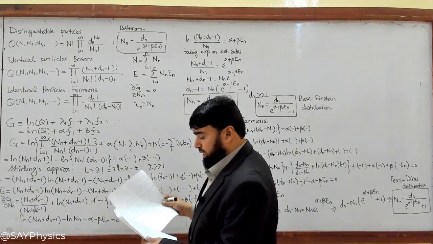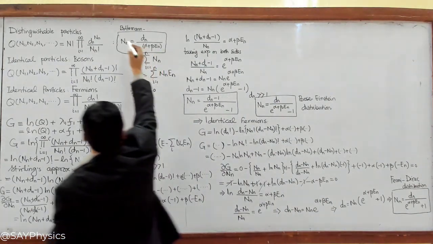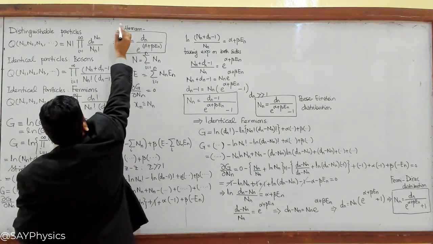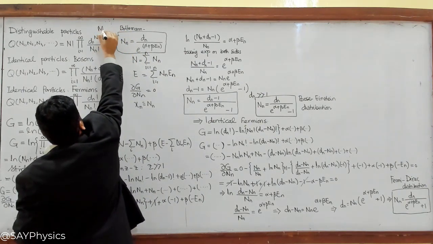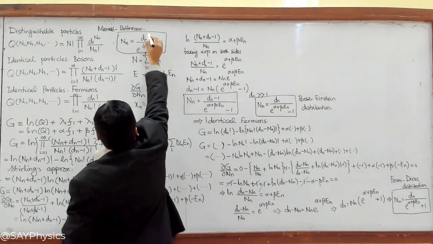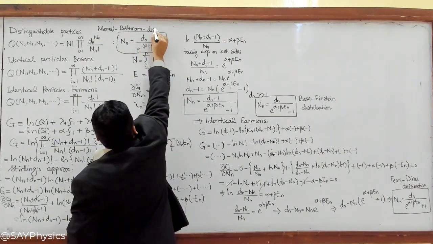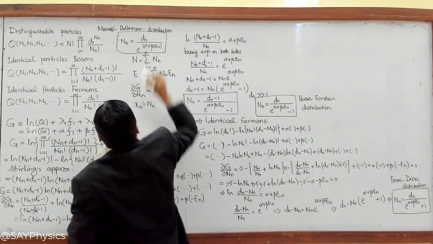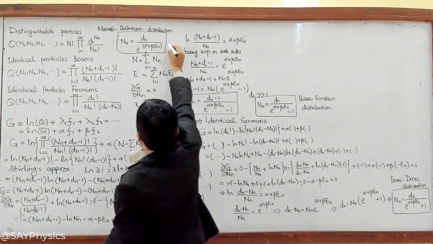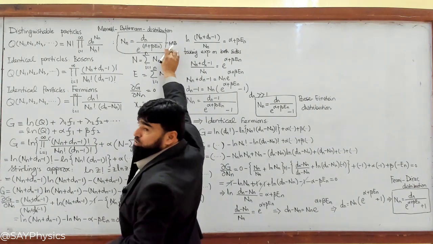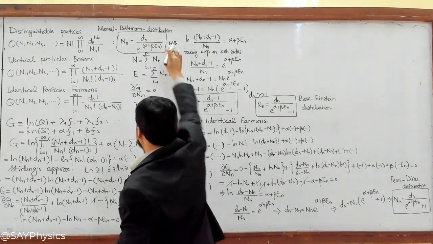It is up to you whichever you put first. Usually it is termed the MB distribution, or statistics. In short, we call this the MB statistic, Maxwell-Boltzmann statistics.